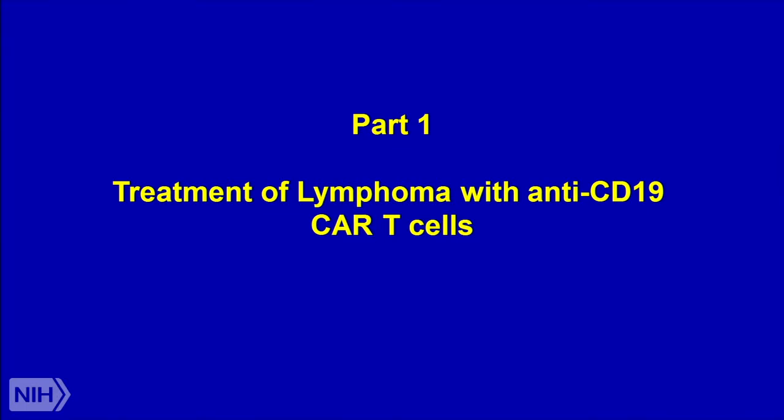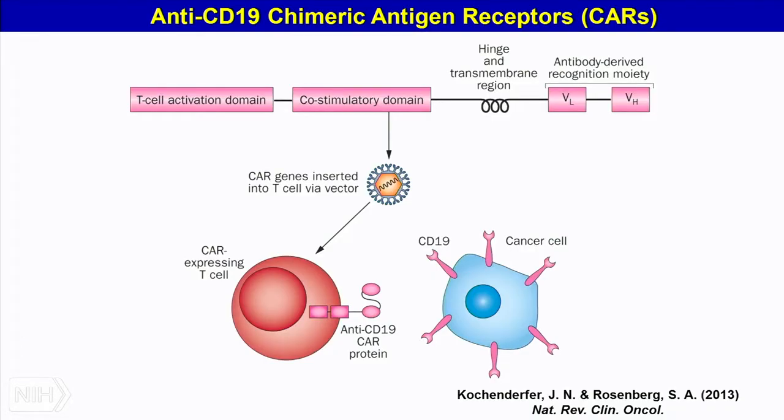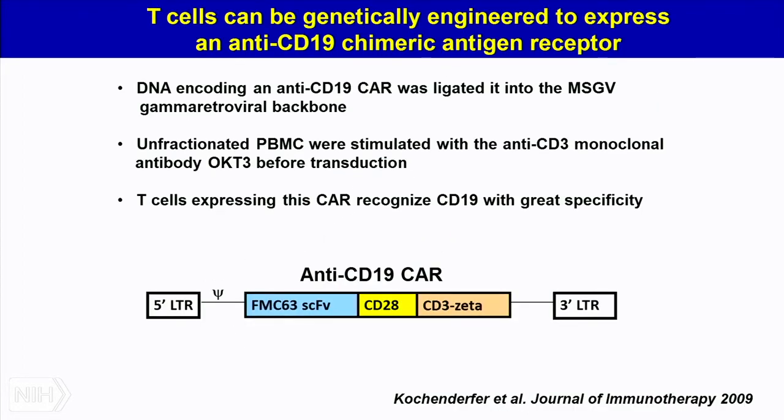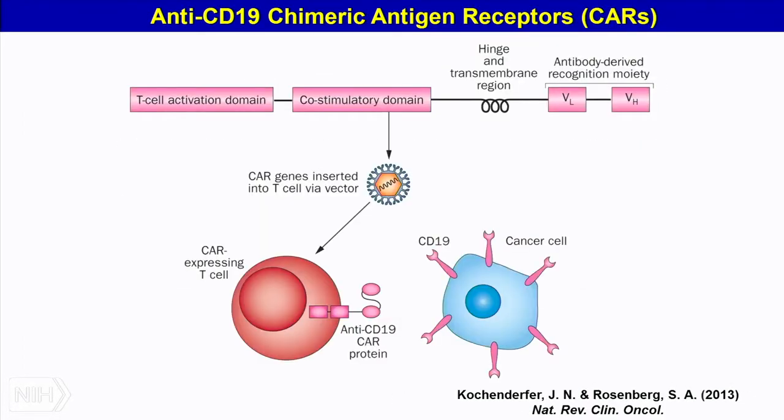So lymphoma first, we'll go ahead and get started. For those that are not familiar with CAR T cells, a chimeric antigen receptor, or CAR, is a fusion protein that contains an antigen recognition moiety, which is usually derived from a monoclonal antibody, which we see in this part.